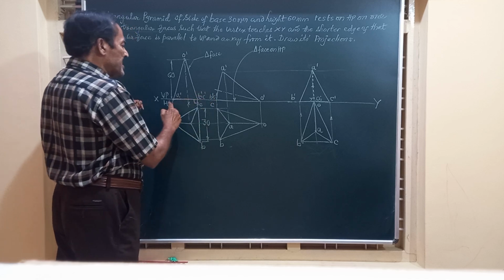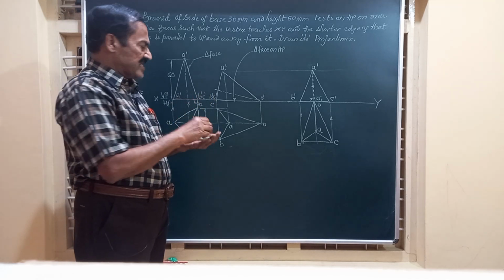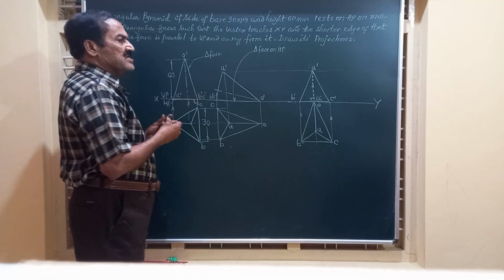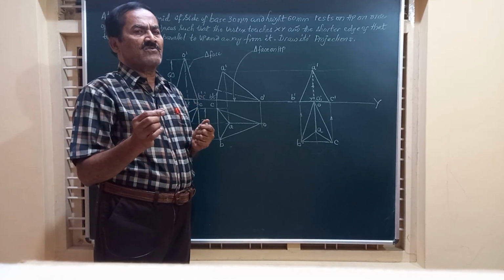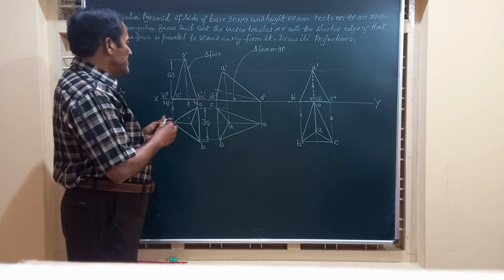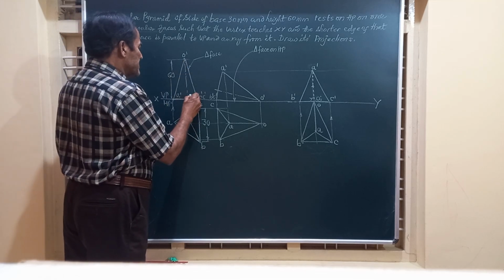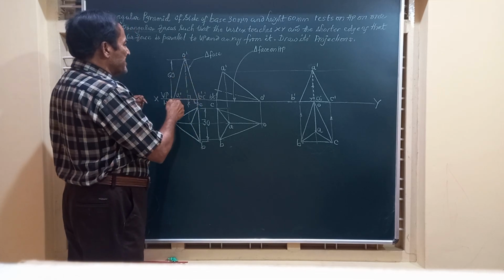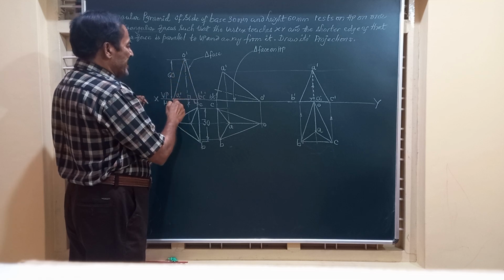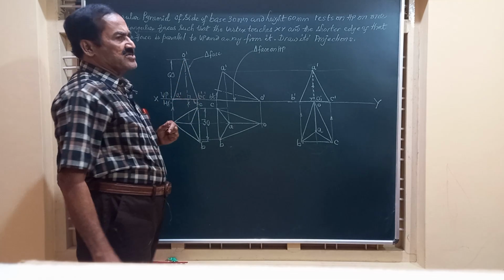This line A dash, B dash, C dash on XY represents the triangular base of the pyramid. And here we know the height of the axis, and in the front view we get a triangle O dash, A dash, B dash, C dash.